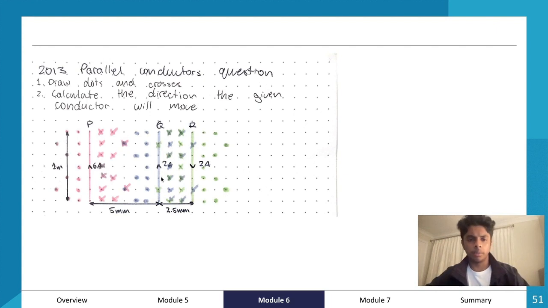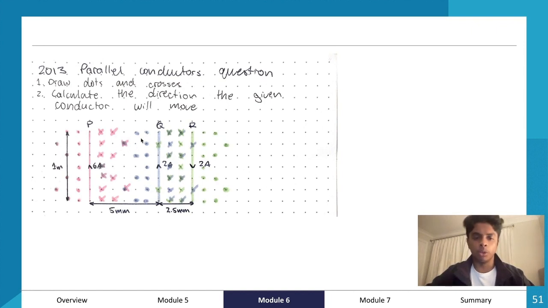With P, it will again go into the page, so we'll have pink crosses as well. So we have green crosses representative of R, and pink crosses representative of P. P and R will both result in magnetic fields going into the page, so we have crosses in both cases.